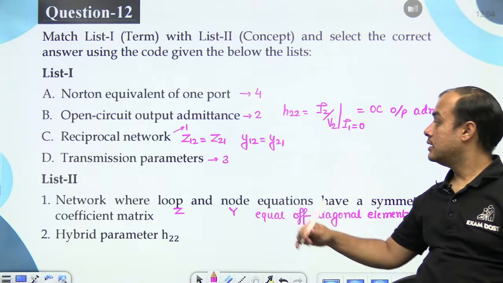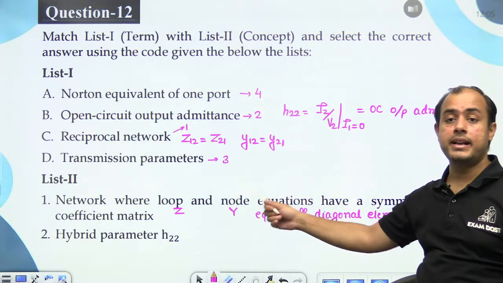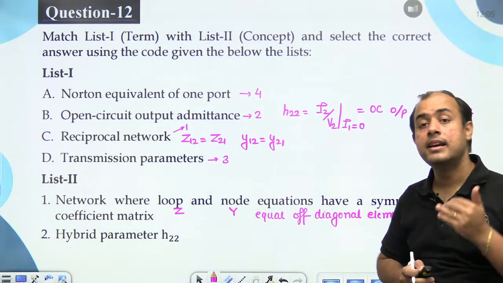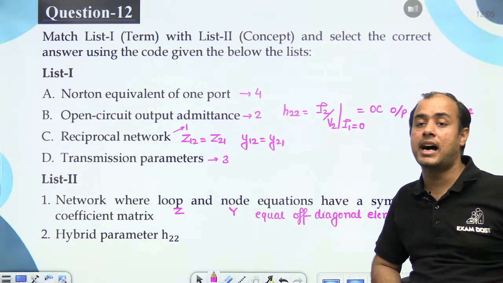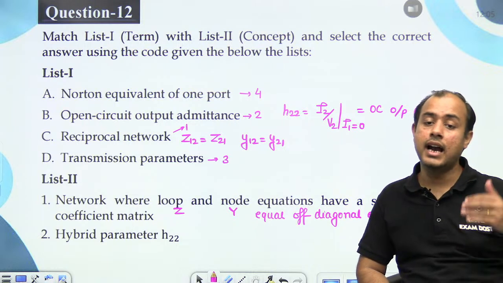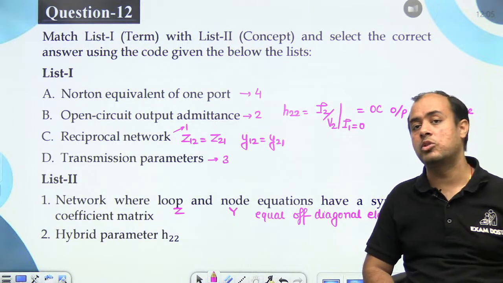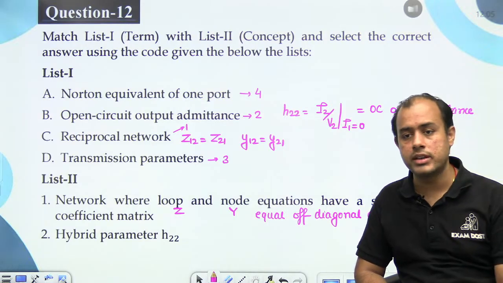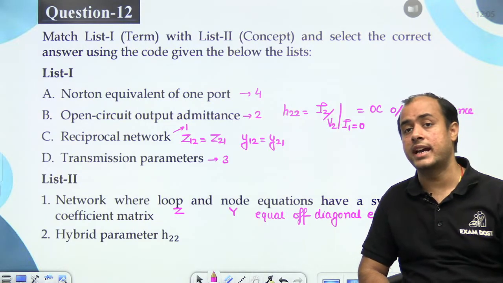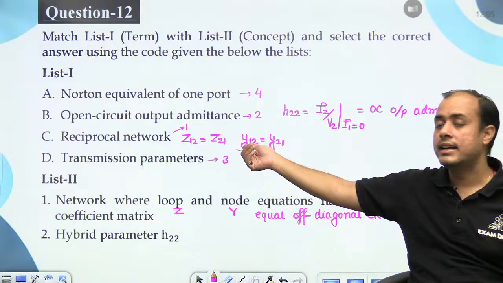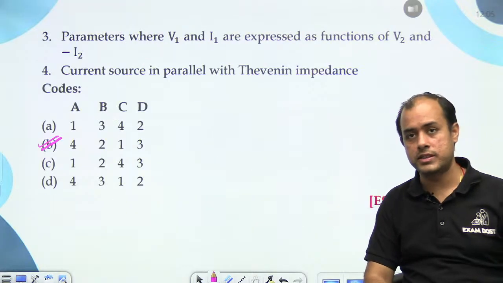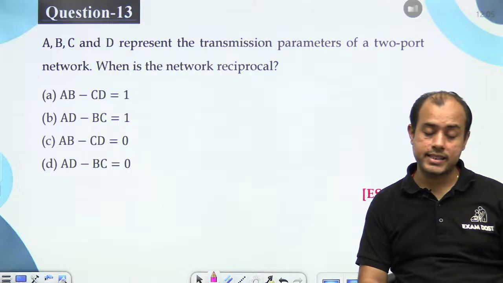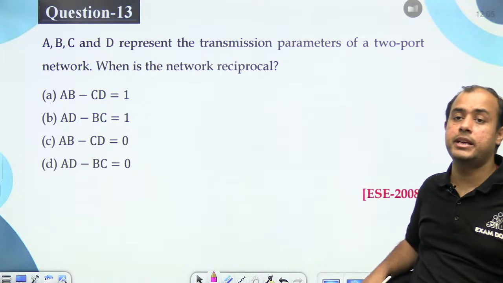Understood? What is the meaning of the statement that the Z and Y matrix become symmetric? A symmetric matrix means that the off-diagonal elements are mirror images of each other, or the upper triangular and the lower triangular parts of a matrix are the same. That is the condition of reciprocity. What is the reciprocity condition for ABCD parameters?